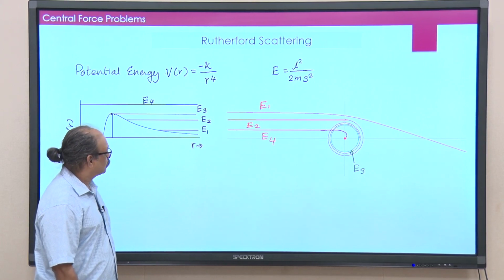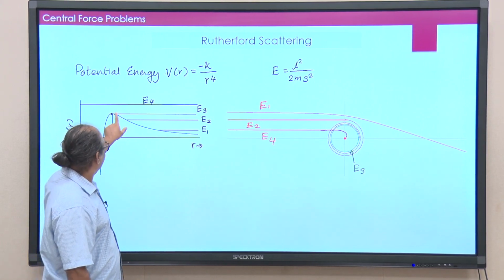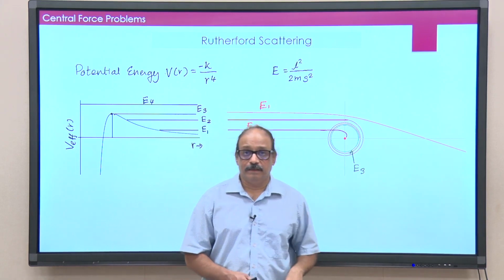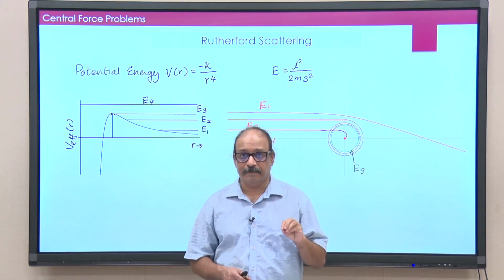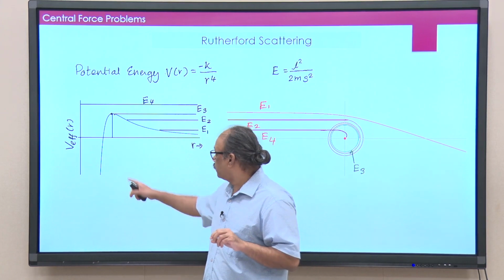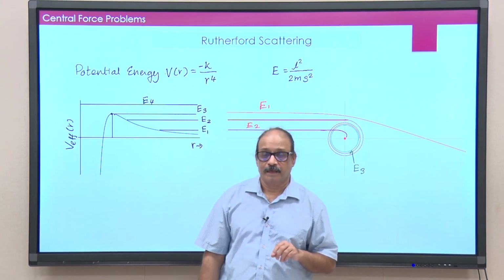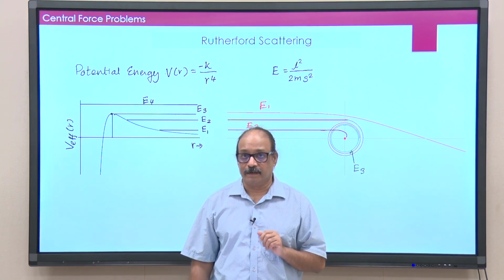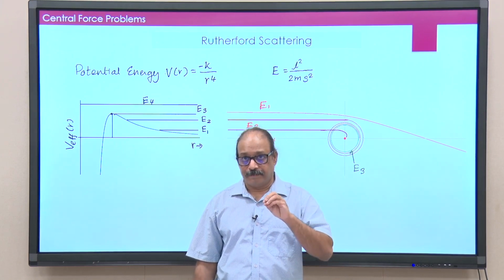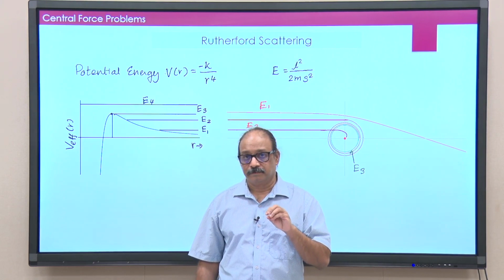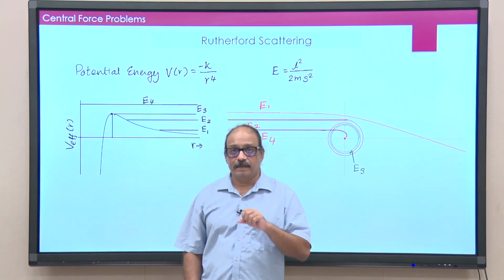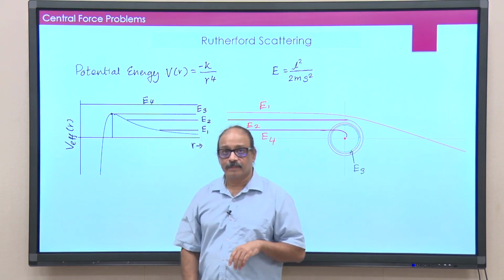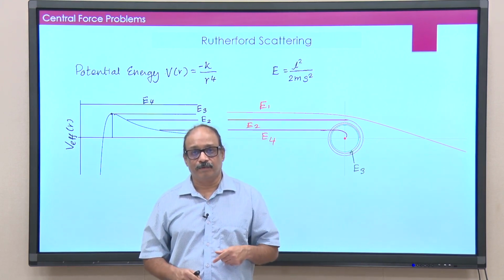Now, the second case is to look at the energy E3. Energy E3 is exactly the same as the maximum value of V effective there. Now, the trajectories there will depend on the initial condition. Suppose I put this particle at this distance and give a tangential velocity such that its energy is equal to E3, we know that it will be a circular motion.